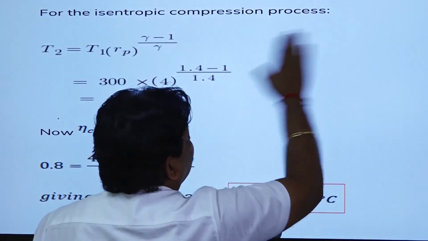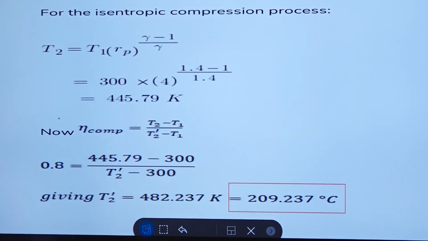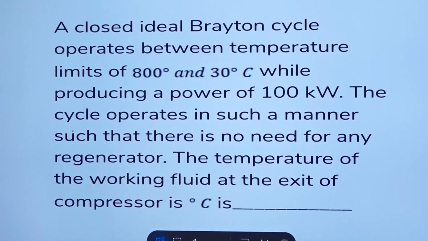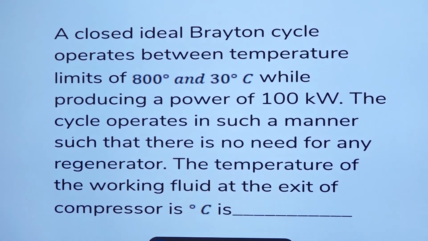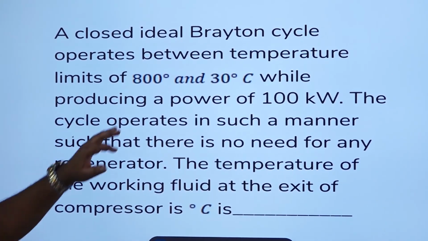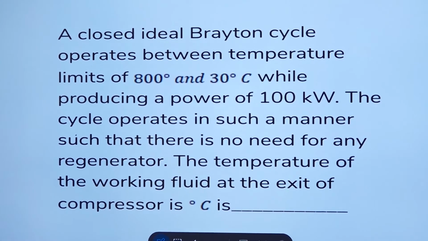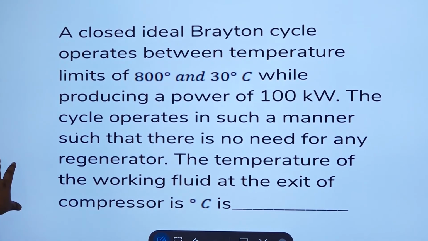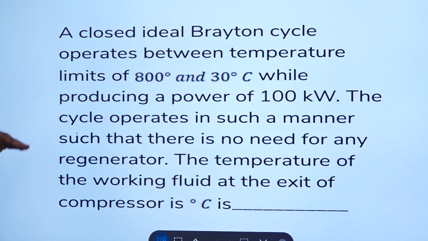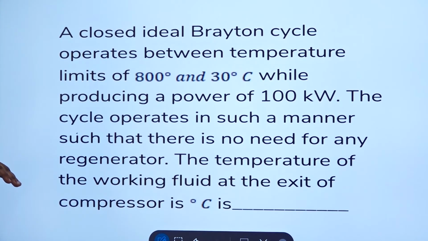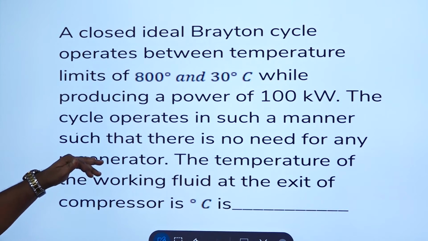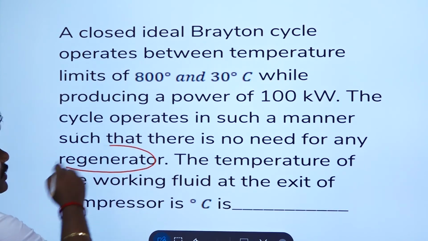Okay, right. The next one. A closed ideal Brayton cycle operates between the temperature limits of 830 degrees centigrade while producing a power of 100 kilowatt. The cycle operates in such a manner that a regenerator is not required.